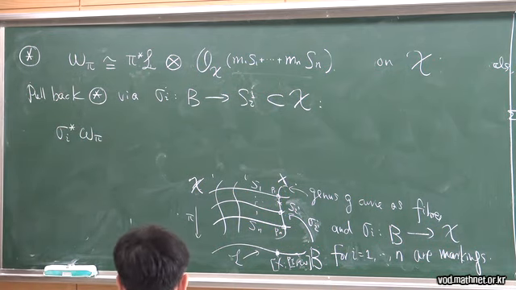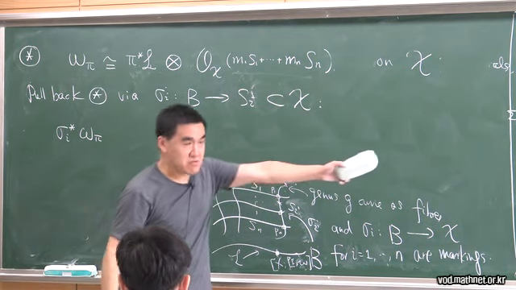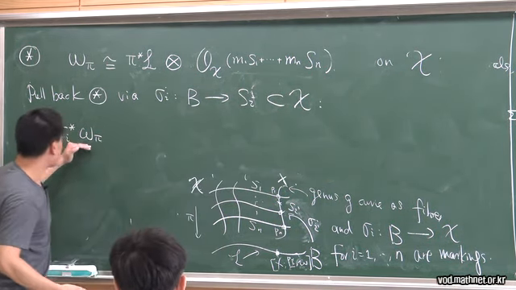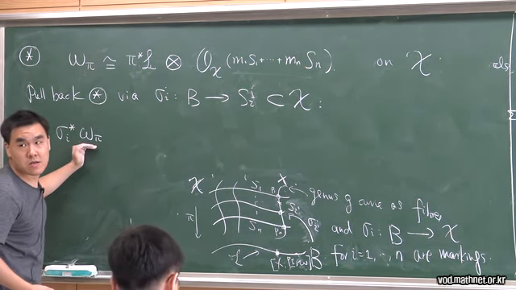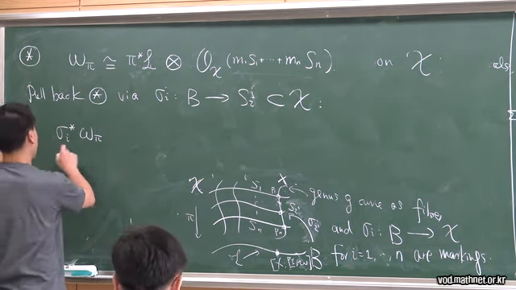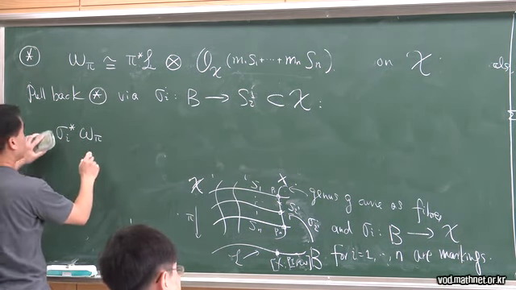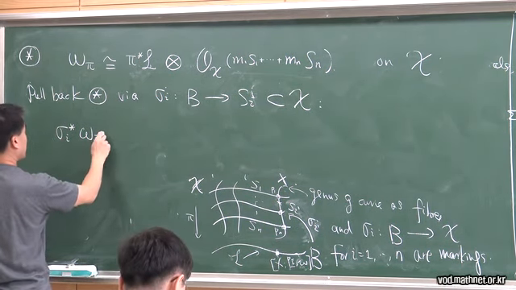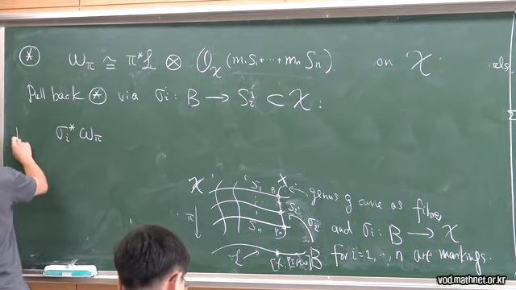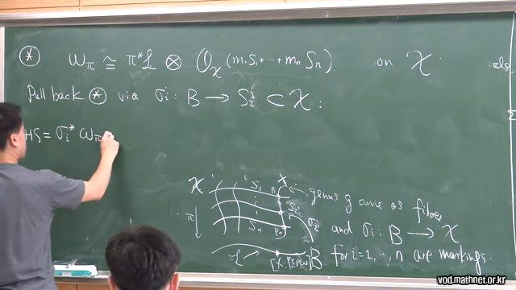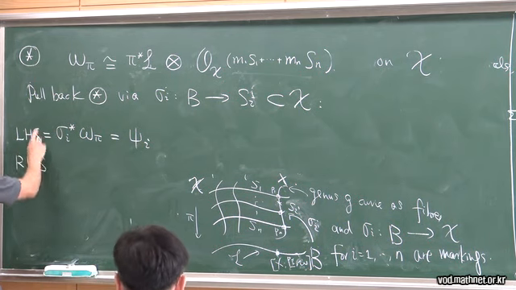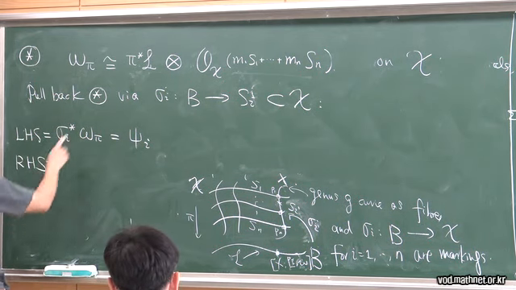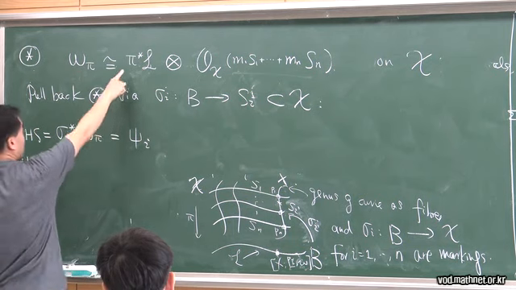I pull back the left-hand side. I erased it, but if you look at your notes, this is nothing but the ith cotangent line class I defined, called psi i. So let me write this as psi i. So the left-hand side is just psi i. For the right-hand side of the star relation, I pull back the first term.